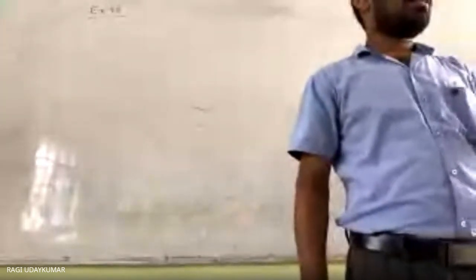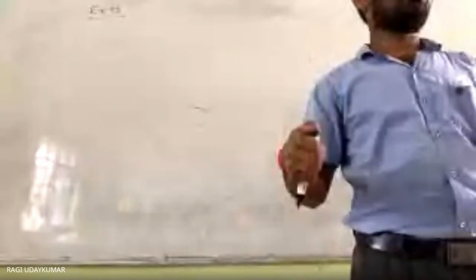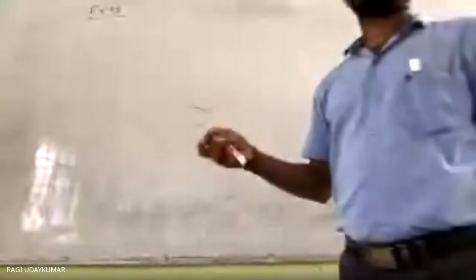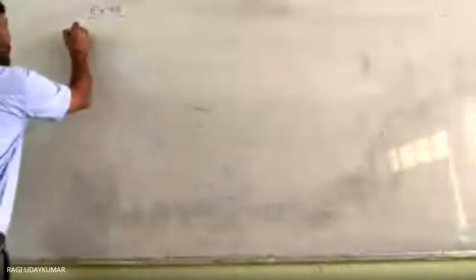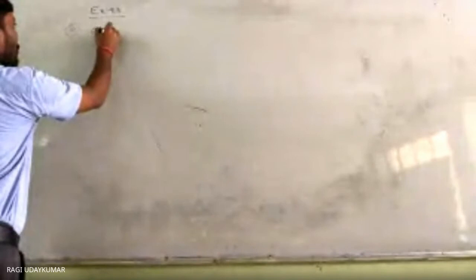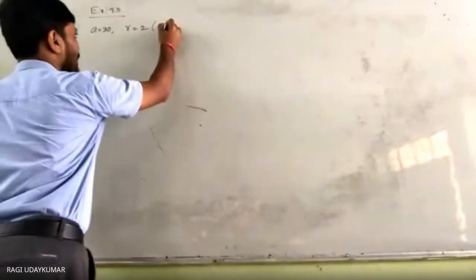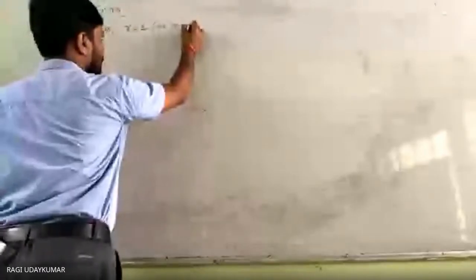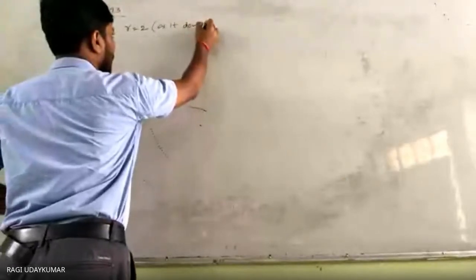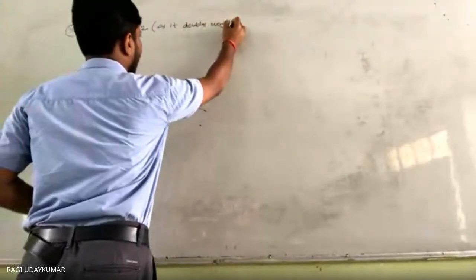At the end of the second hour, after 2 hours are complete, you need to find A2. Simple. So here the first term a is 30, common ratio r is 2, because it doubles every hour.